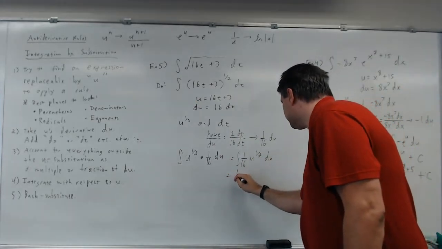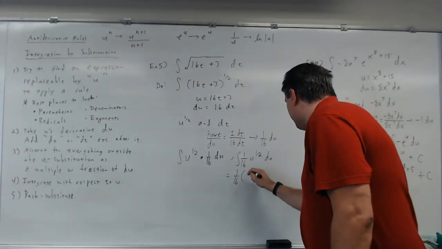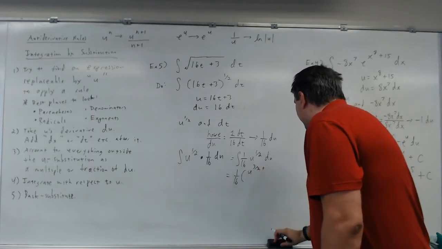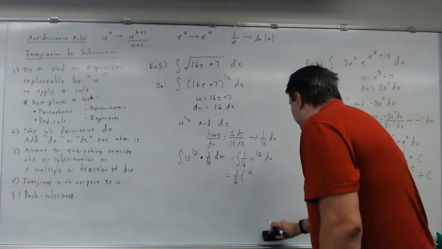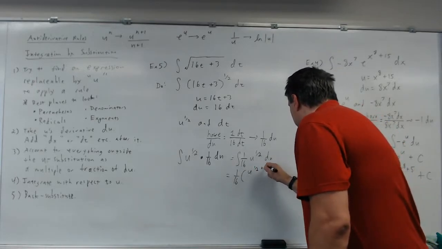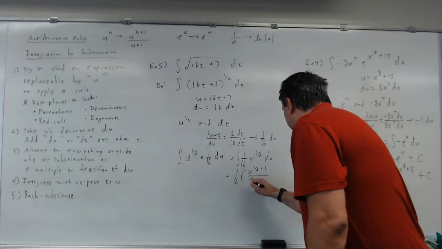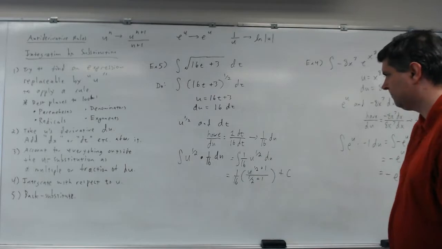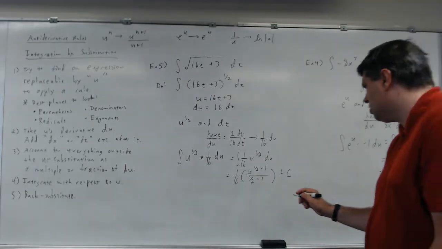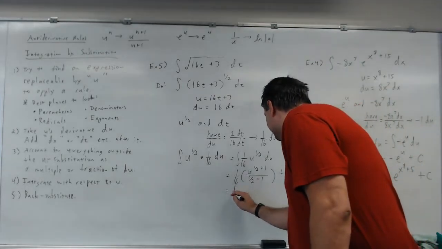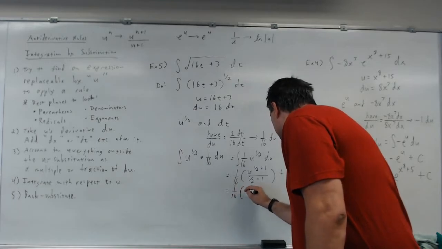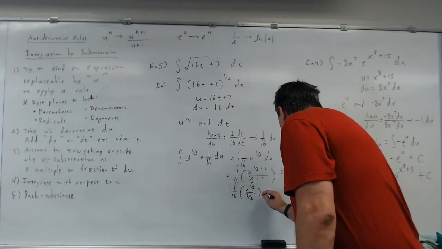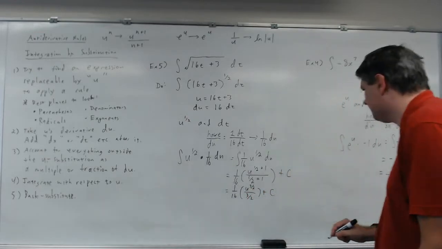So that's going to be 1/16 times u to the 1/2 plus 1 over 1/2 plus 1, and then plus c. So that gives me 1/16 u to the 3/2 over 3/2 plus c.